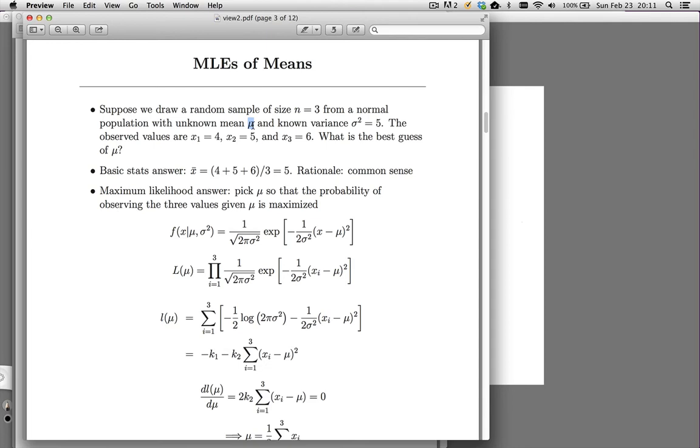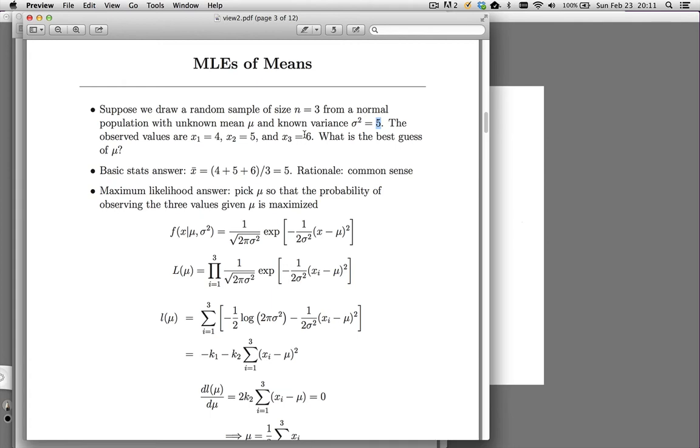So I guess I'm drawing this sample in order to make a guess as to what the mean is. Now, somehow I do know the variance, and so the variance is 5. The sample I've drawn is made up of 3 values, so 4, 5, and 6 are the 3 values I've observed. What is the best guess of mu?